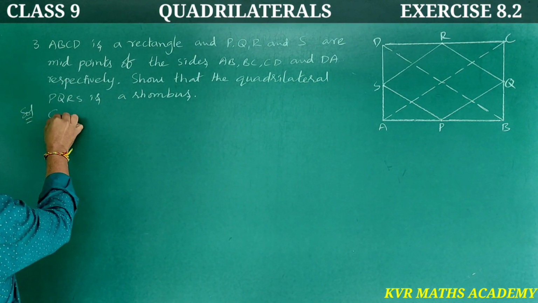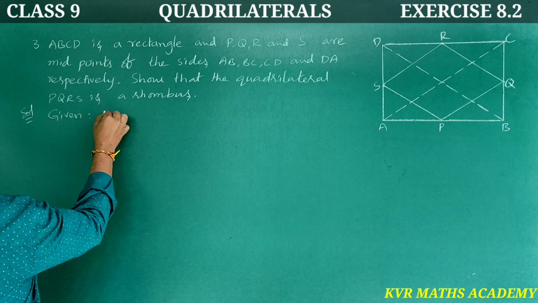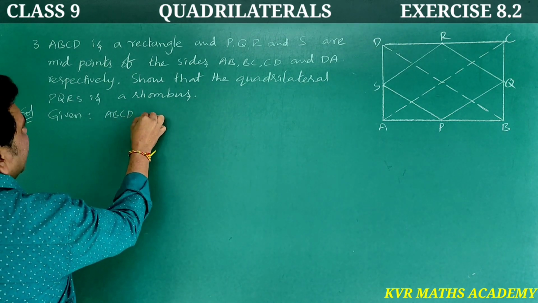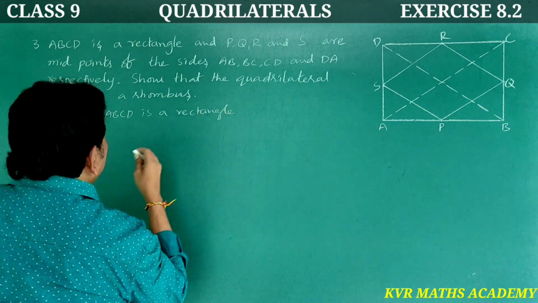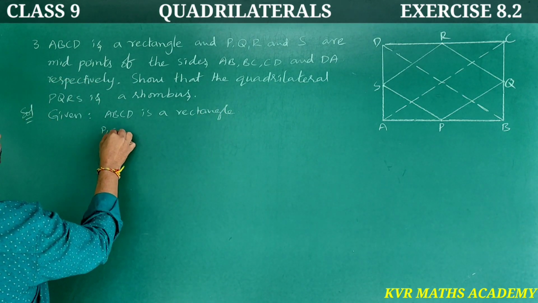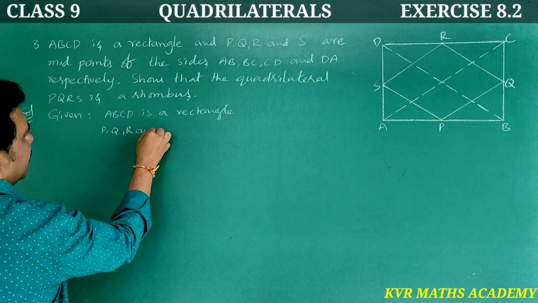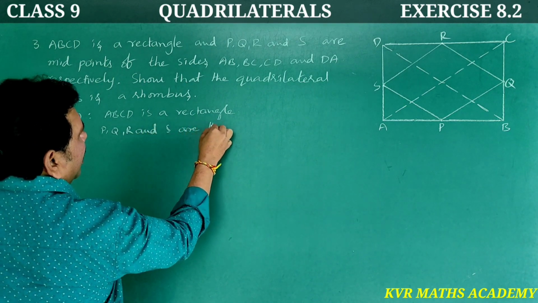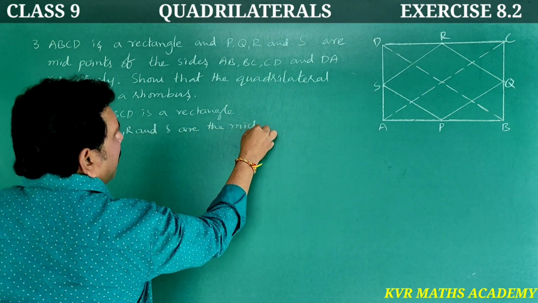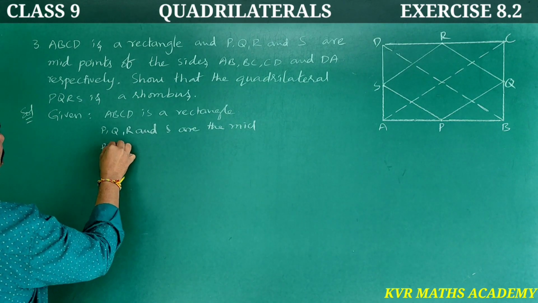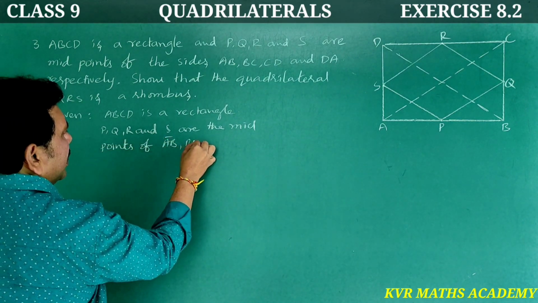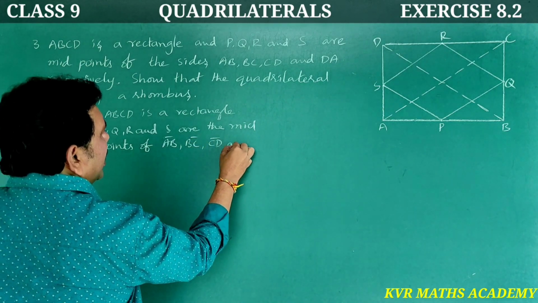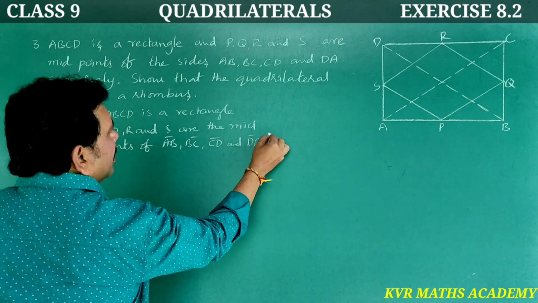Solution. Given: ABCD is a rectangle. P, Q, R and S are the midpoints of AB, BC, CD and DA.